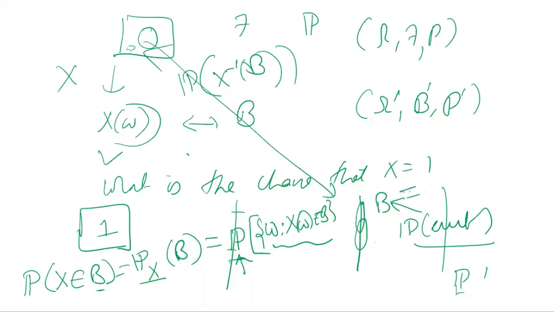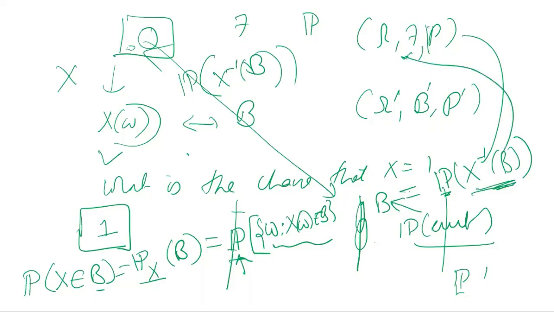If you want the probability of B, you will need the probability of X inverse of B. And to be able to say the probability of some set, since this is the original probability measure, this X inverse B should be in F. This should be true for all B. Only then do you guarantee that they will always be probabilities. So to say that we have a valid probability measure, all you need is to make sure that for this random variable, whatever it is, the pre-image of any Borel set always exists in F. Once we make sure of that, we can guarantee that there will always be a probability measure.